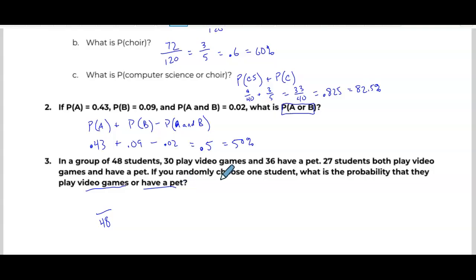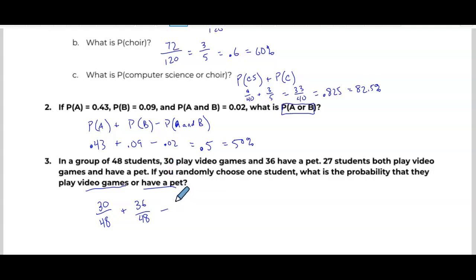Okay, so there are 30 who play video games. There are 36 who have a pet. So that's the probability of each individual event happening. Now I have to consider, is it possible that they have both? And this actually states it flat out. 27 of them have both.